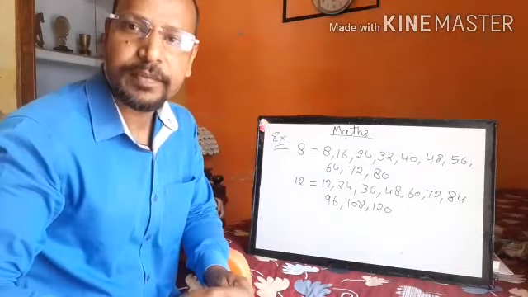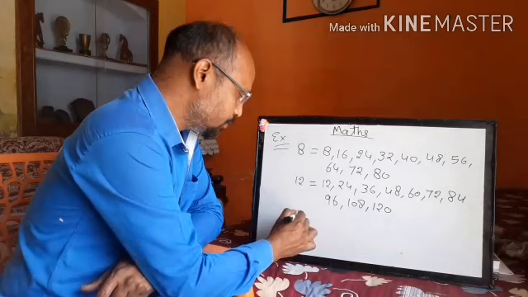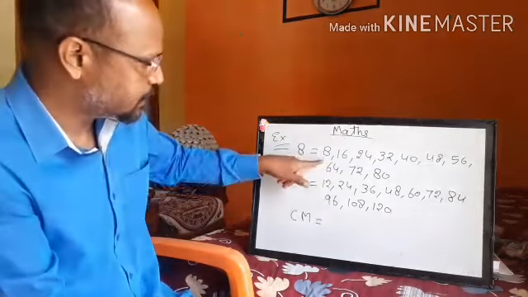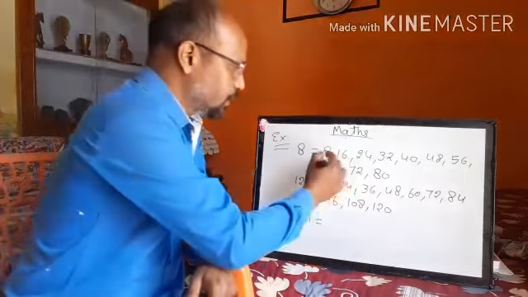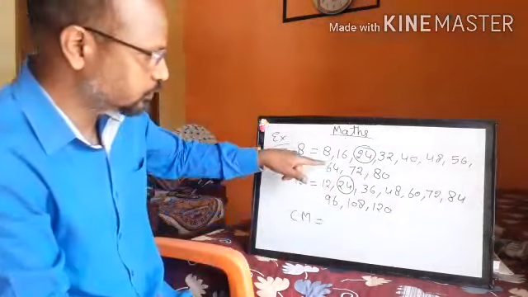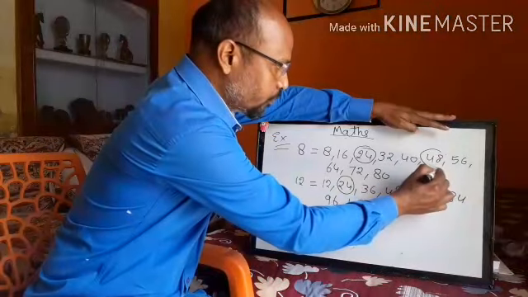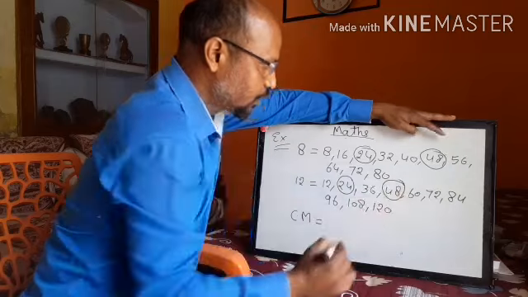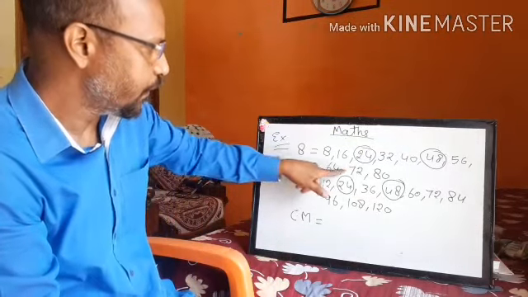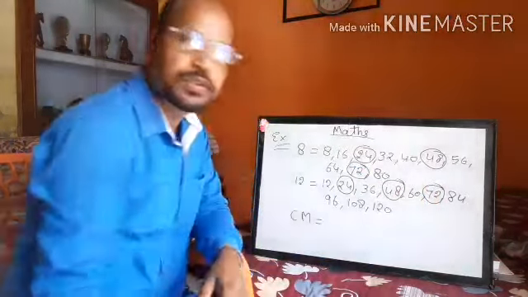up to the 10th. So what are the common multiples? Let's start one by one. 24 and 24. Then 48, 48. Then 72 and 72.